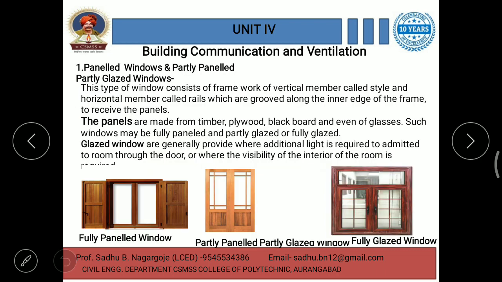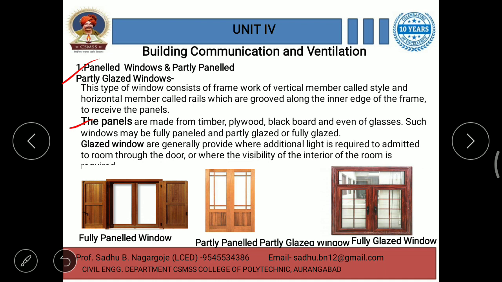So let's directly see the types of windows. First, panel windows and partly panel, partly glazed windows. This type of window consists of a framework of vertical members called stiles and horizontal members called rails, which are grooved along the inner edge of the frame to receive the panels.